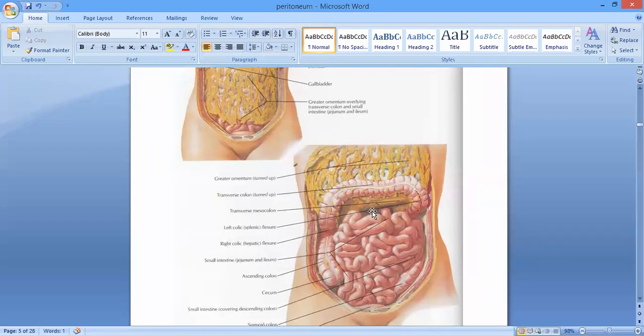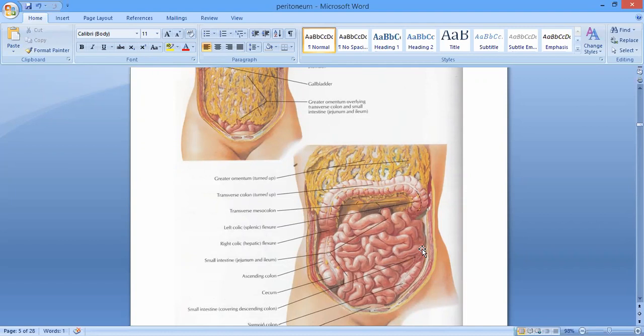Whereas the infracolic compartment consists of these coils of small intestine, that is jejunum and ileum. Then we have the ascending colon, the transverse colon, the descending colon, and the spaces behind the ascending and descending colon are called the paracolic gutters, right? So this is about the greater omentum.